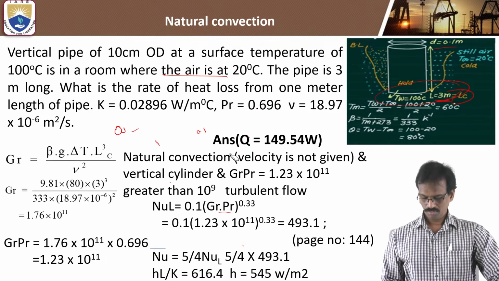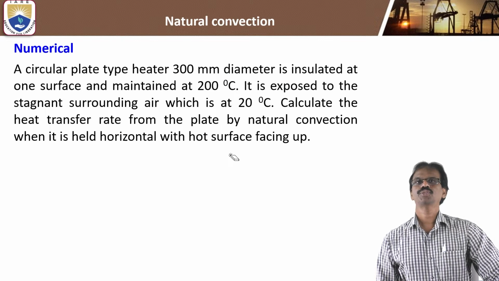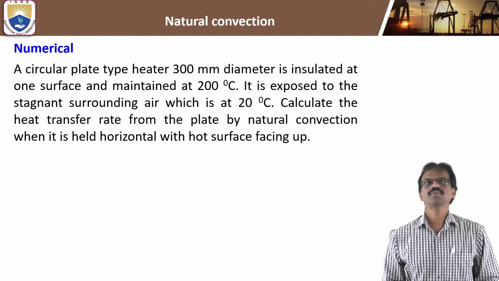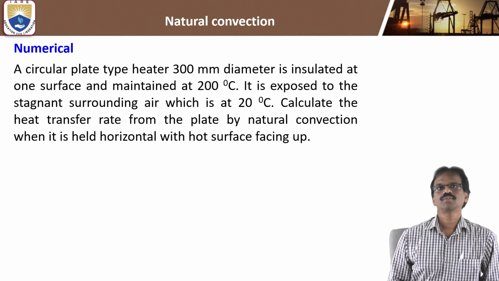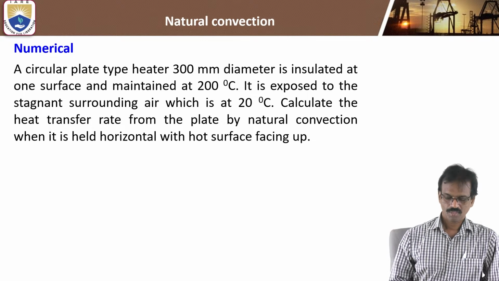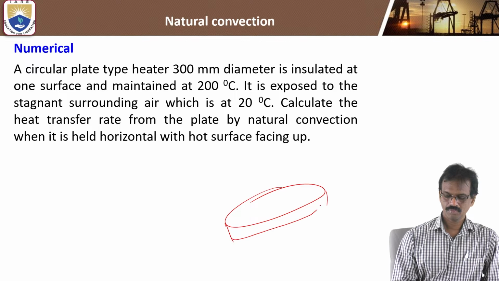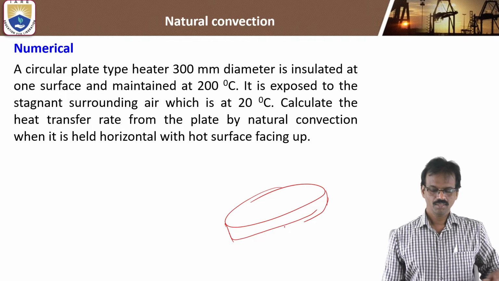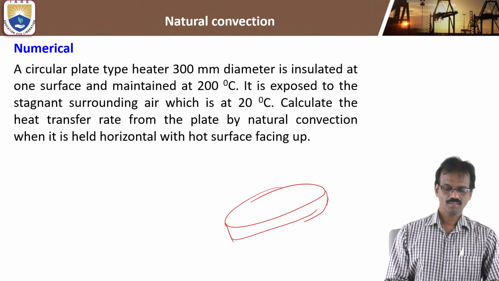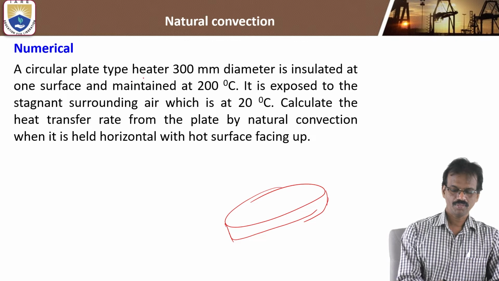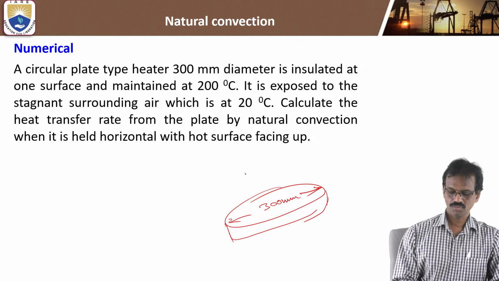We'll see a few more numericals here. Just like a circular plate. The diameter of the circular plate type heater is 300 mm, that is 0.3 meters.